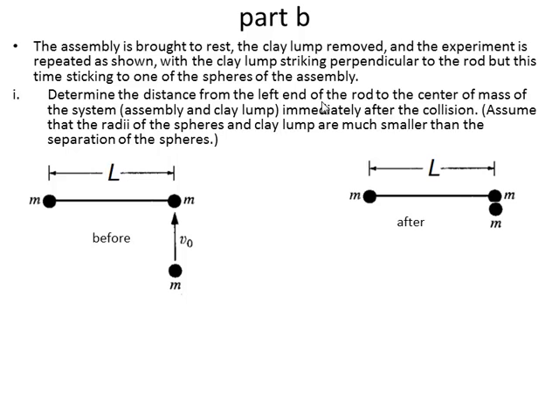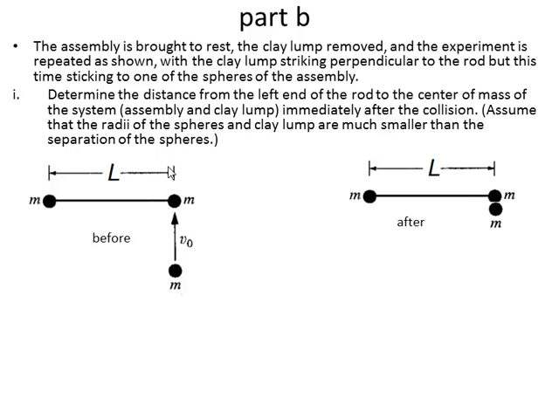Determine the distance from the left end of the rod to the center of mass of the system immediately after the collision. We want to assume that the radii of the spheres and clay lump are much smaller than the separation of spheres. Again, we're able to assume that so that we don't have to account for the moment of inertia of the spheres themselves. We can just treat them as point particles.